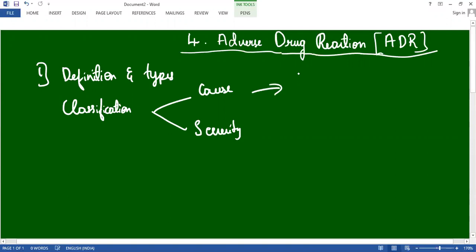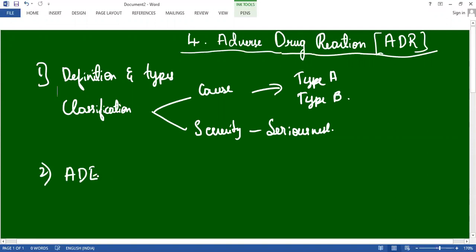The cause again comes under type A and type B. And seriousness comes under the serious condition. Another concept is the adverse drug effect.